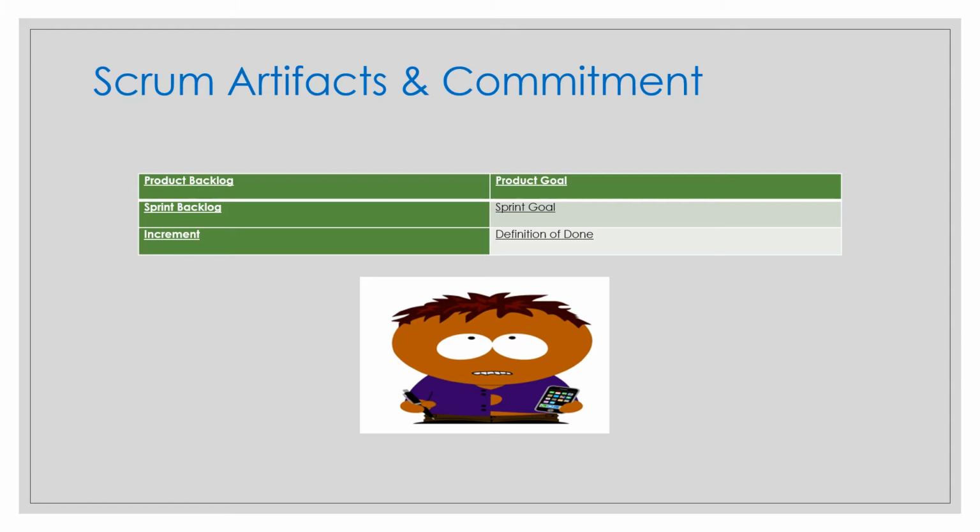The product backlog exists to reach the product goal, which is a long-term objective. The sprint backlog exists to reach the sprint goal that the Scrum team defines for every sprint, and each sprint goal is a step towards achieving the product goal. The product increment is committed to fulfilling the definition of done, which usually describes the desired quality that the product should have.